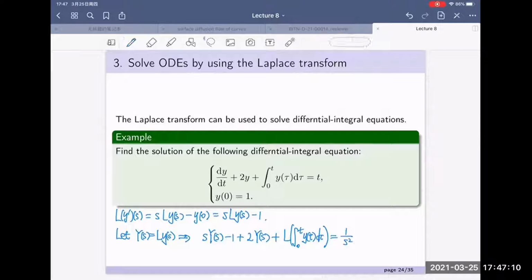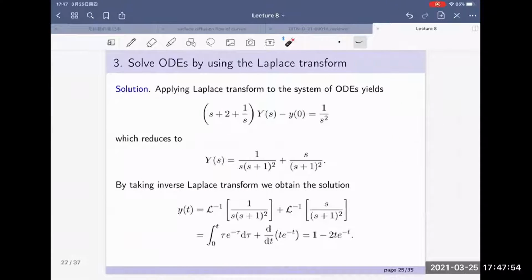Okay, so it remains to calculate this term, the Laplace transform of the integral.